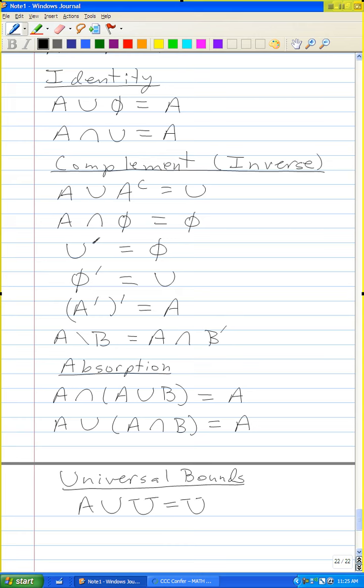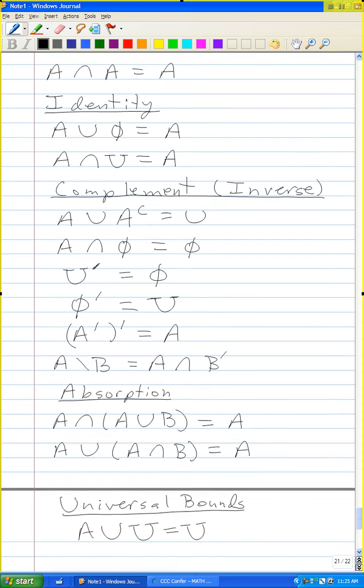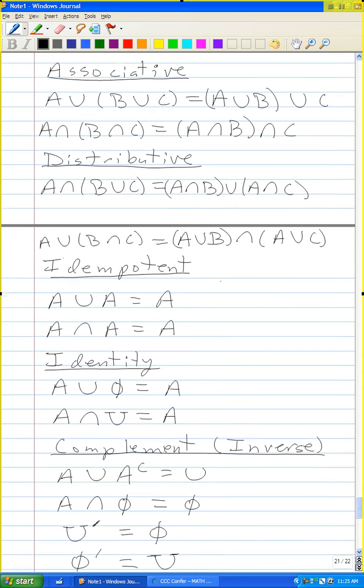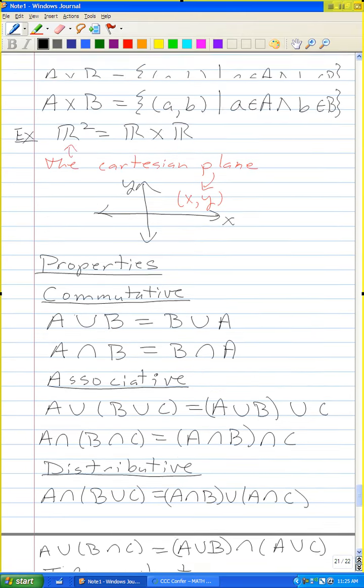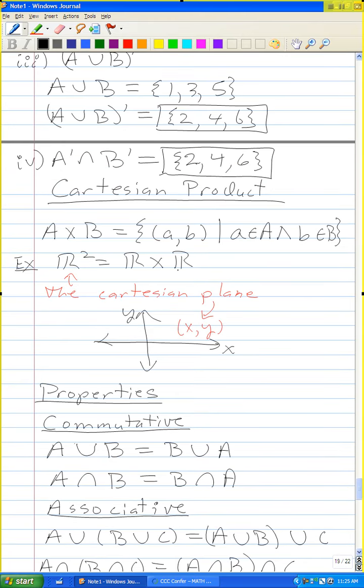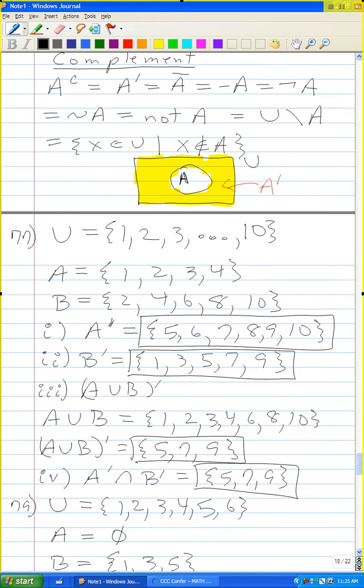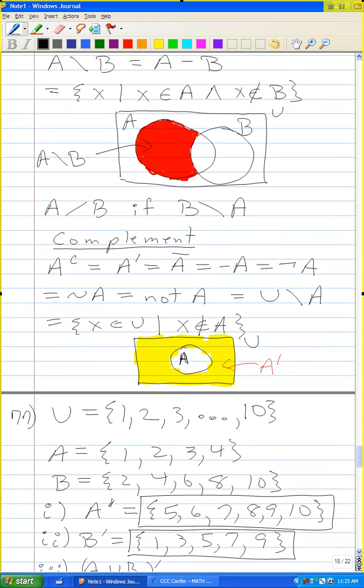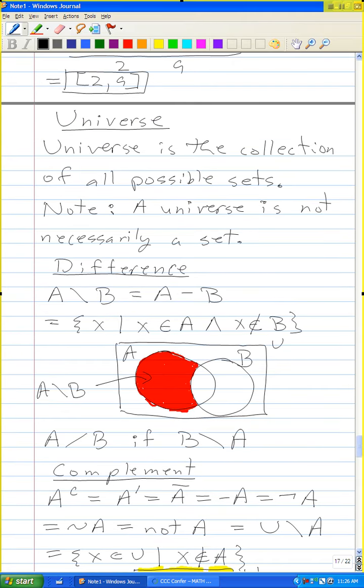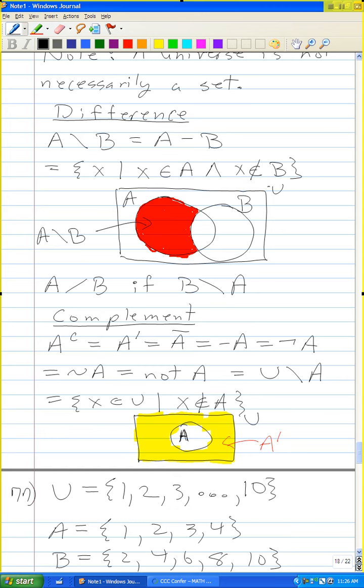Let me make my universe a fancier U, so that people can see it's a universe and not a union.